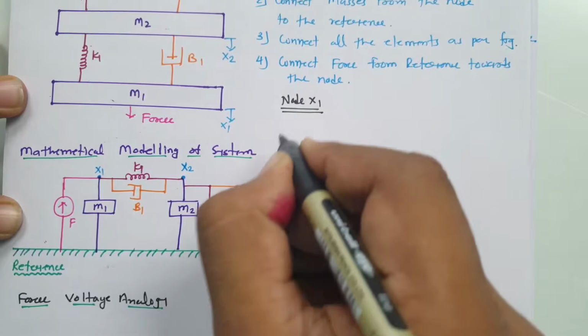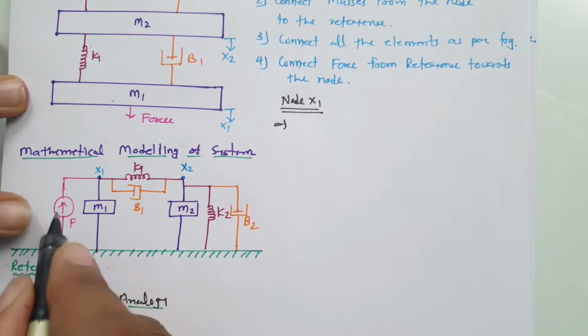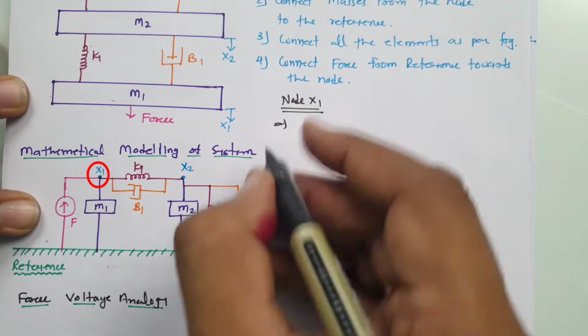Node x1 has the first equation: incoming force, which is F, equals outgoing force.